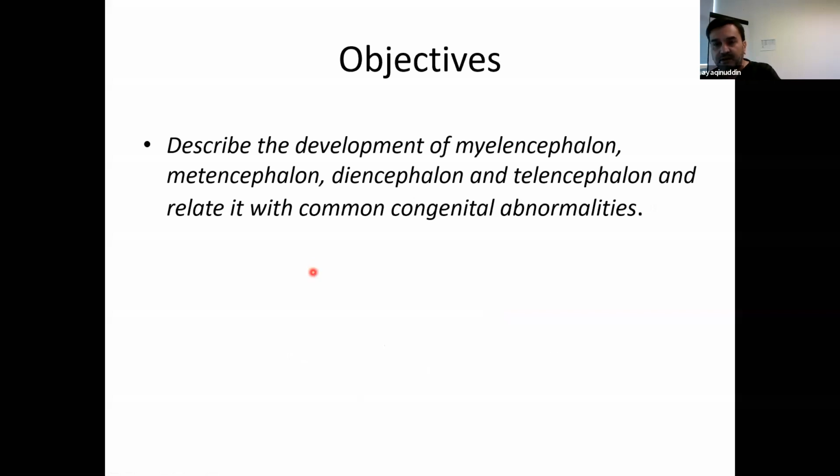The main objective of this session is to describe the development of the myelencephalon, which is the lowermost part of the rhombencephalon, and the metencephalon. Myelencephalon and metencephalon are parts of the rhombencephalon, the caudal-most part of the vesicles. Then we will talk about how the diencephalon forms and what structures come out from the diencephalon and telencephalon, and then relate the common congenital abnormalities associated with these parts of the neural tube.